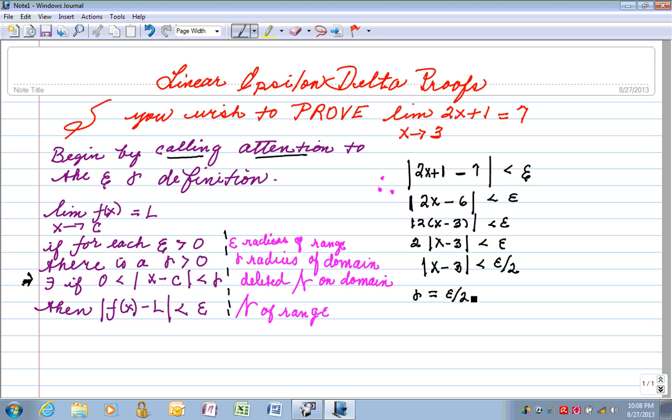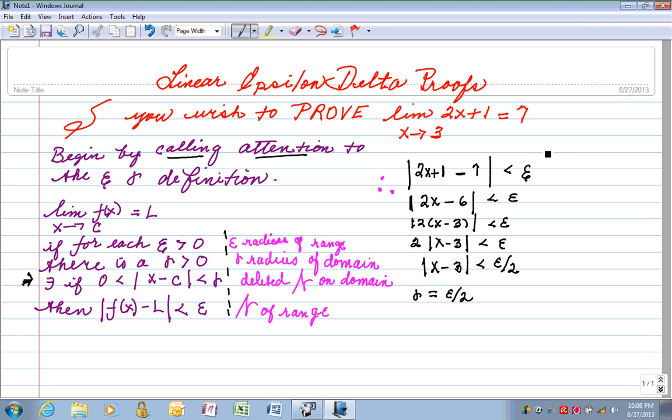Now, epsilon and delta are radiuses of the range and domain respectively, and of all the drawings I did yesterday, we understand that they're positive numbers. So, what I'm going to do is reverse my direction.